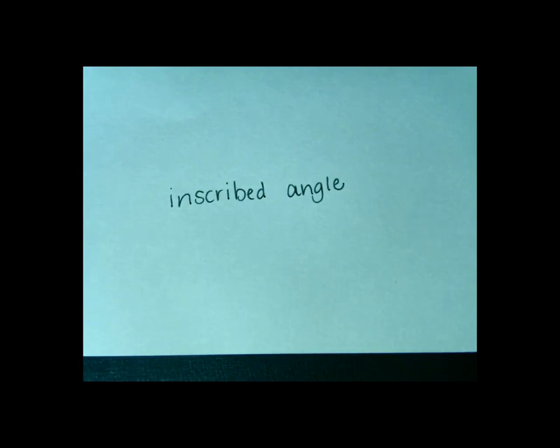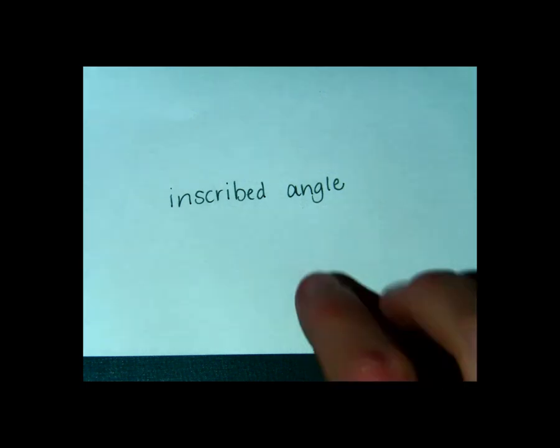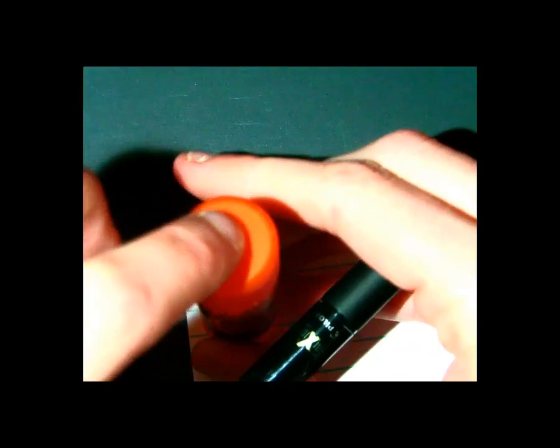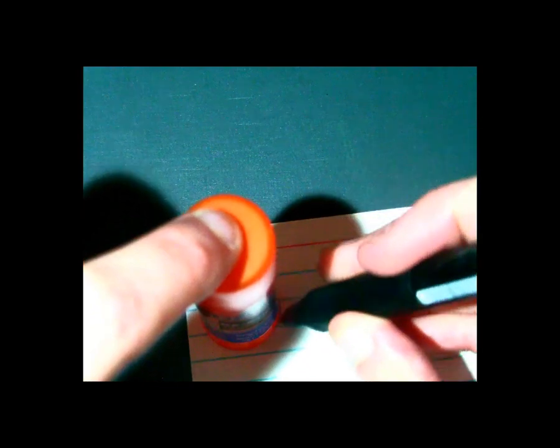Then flip your card, put 15.1 and draw a circle. So 15.1, gonna trace my glue stick.